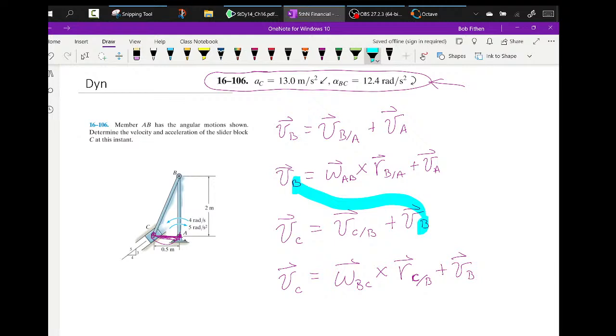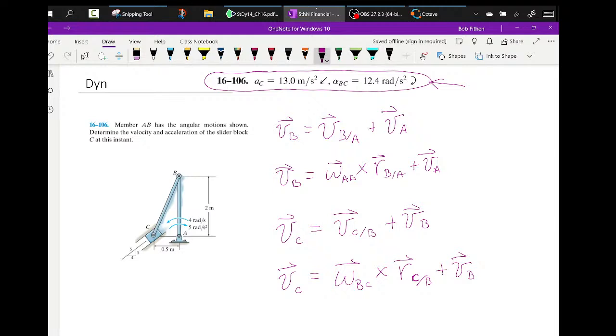So what you do is you work through one of these. This point B is common to both lengths. That's what ties these two equations together, the fact that this point B exists on both lengths.